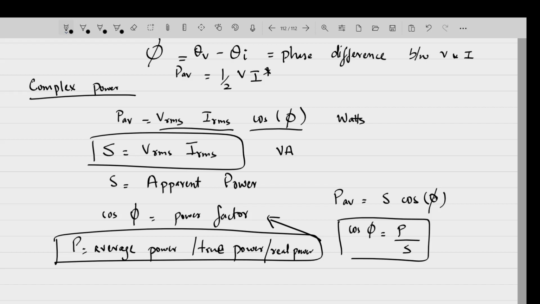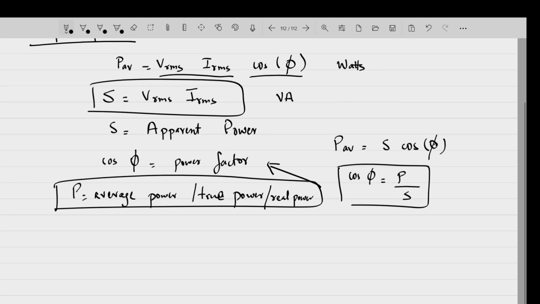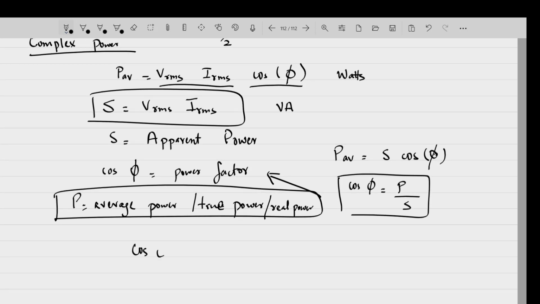Now cos phi, or what is actually known as power factor, is the ratio of true power to the apparent power.